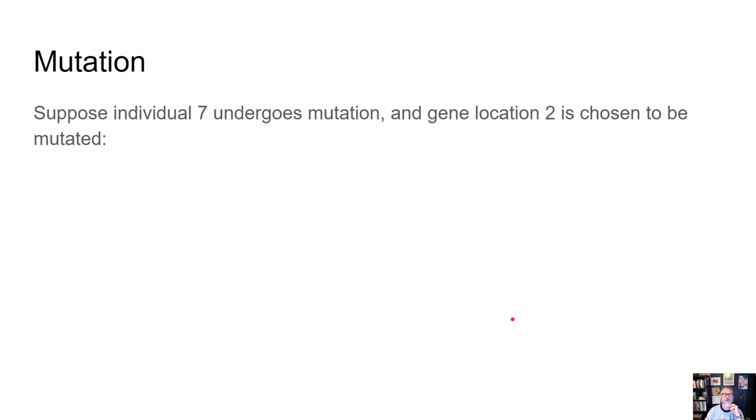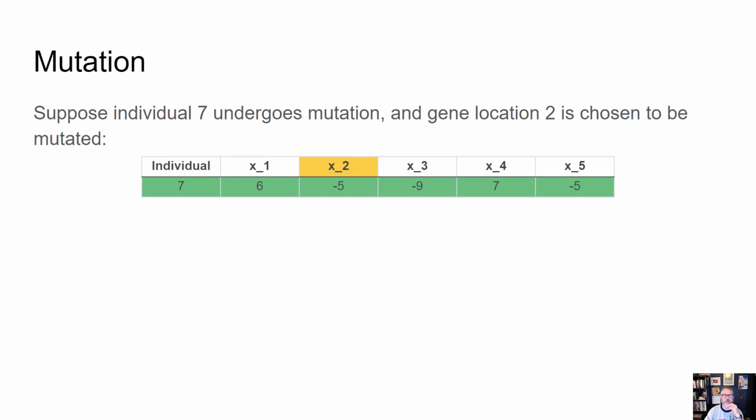So suppose we're going through and individual 7 happens to be chosen to undergo mutation. So we look at individual 0. No, it doesn't do mutation. 1 doesn't do. 3 doesn't do, etc., all the way down to 7. And that's the first time that check of a random number is less than or equal to mu. Then we choose a random gene location. So that's gene location 2 in this example.